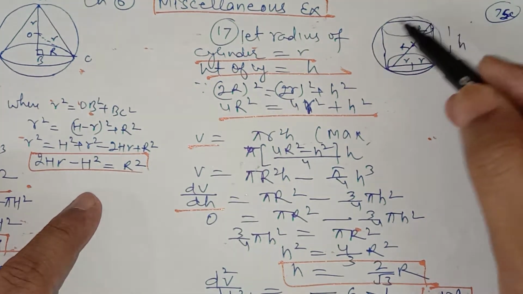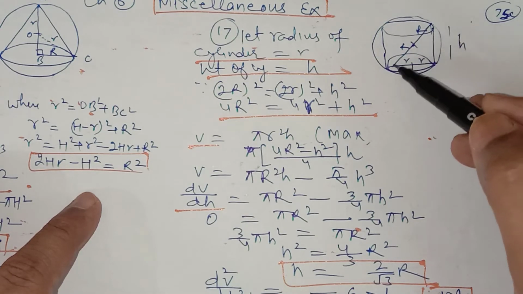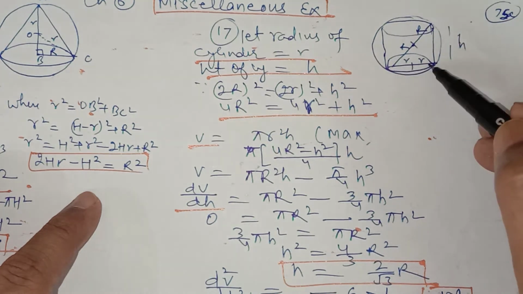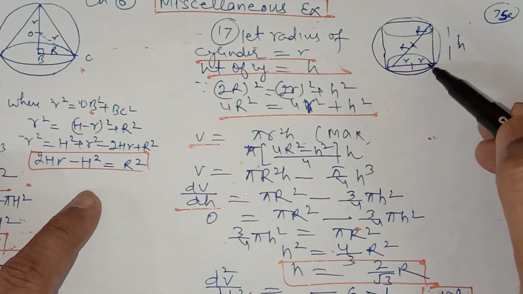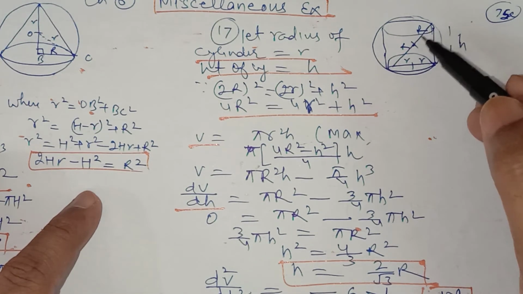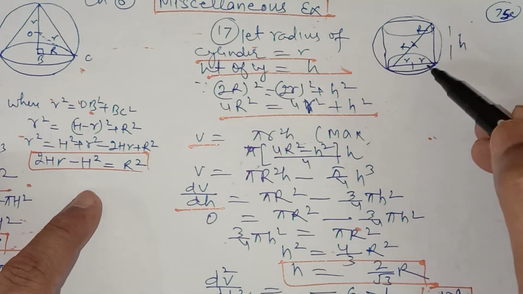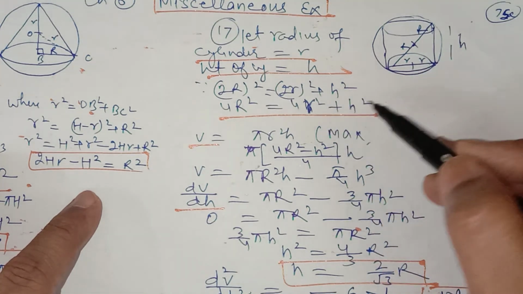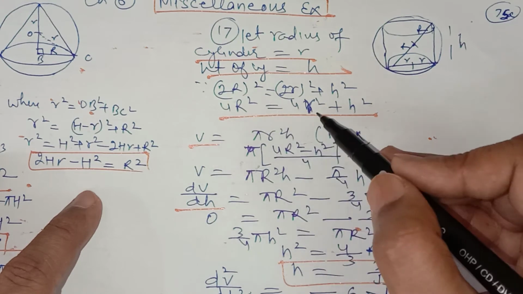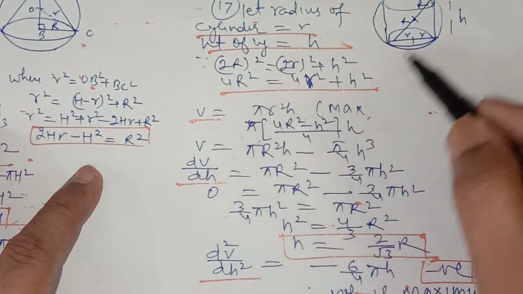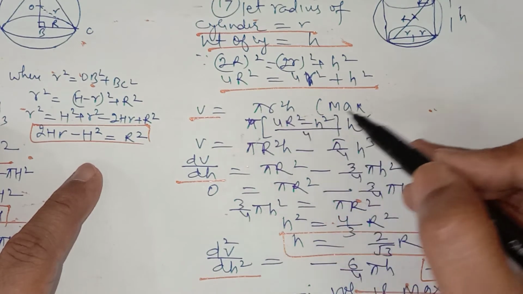When it is inscribed in a sphere, the diameter of the sphere is from this point to this point, h is this, and this will be 2r. So using the Pythagoras theorem, (2R) whole square is equal to h square plus (2r) whole square, and this is the relationship between capital R, small r, and the height of the cylinder. You have to prove that the volume of the cylinder, which is pi r square h, is maximum.